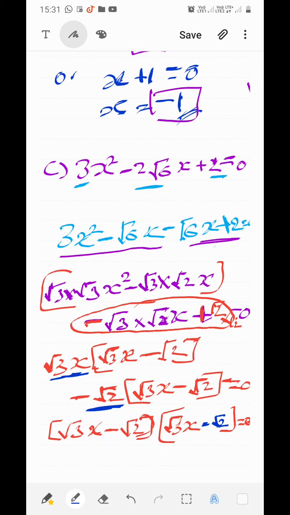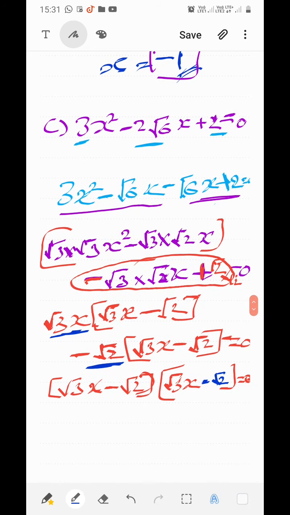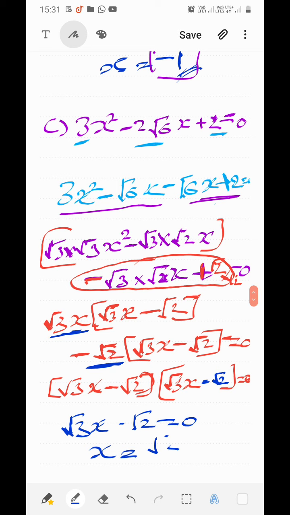Okay. Now look at the factors. Actually these two factors are same: root 3 x minus root 2 into root 3 x minus root 2. Then what will be the roots? If root 3 x minus root 2 is equal to 0, x is equal to what? Root 2 by root 3, or we can write root of 2 by 3.